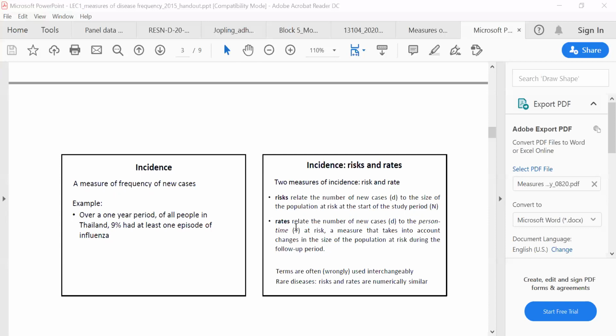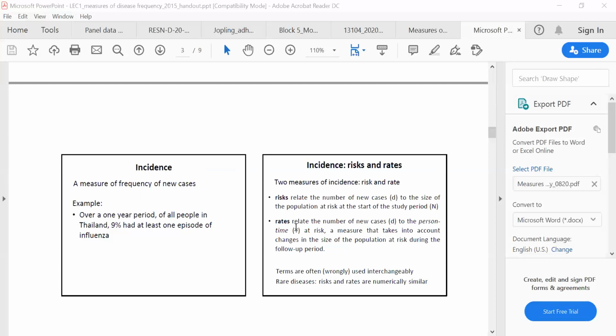The population will be changing with time. Some of the people will be getting infected, some will die, and some will move out of that community. Because of that, the population is not static. So by rate, we are taking into account the change in the size of the population as you follow up as time moves on.